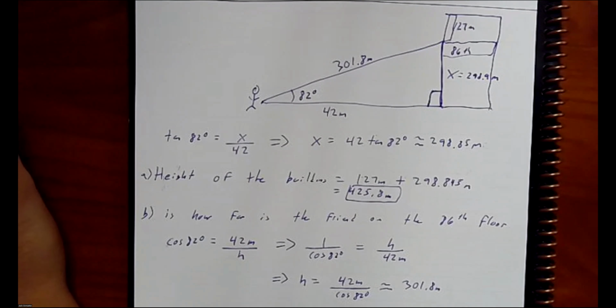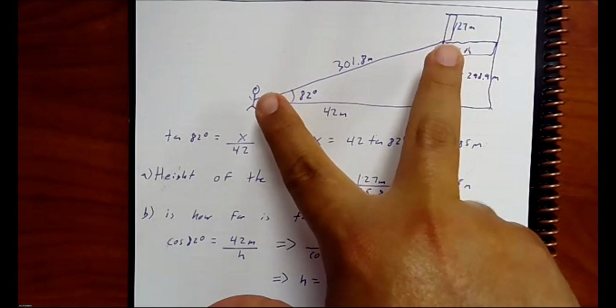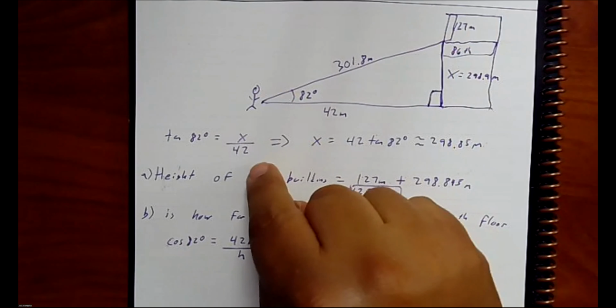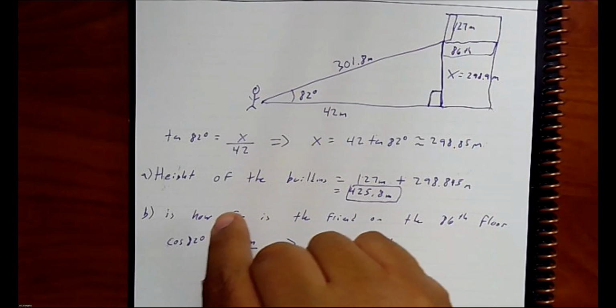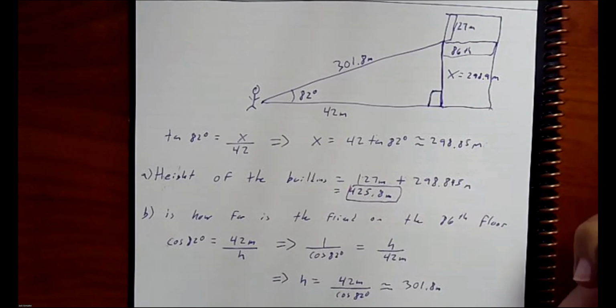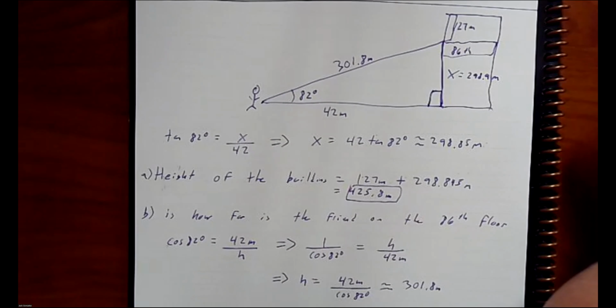Jeremiah, you want to choose a trig function that gives you only one unknown. For example, at the beginning, the height to the 86th floor and the hypotenuse were unknown, right? If I would have chosen sine, I would have had two unknowns and I can't do anything.